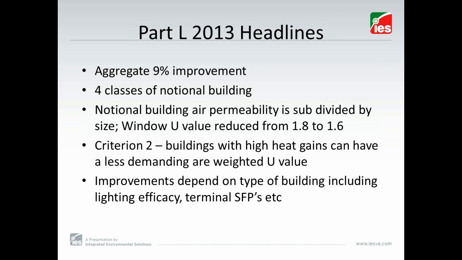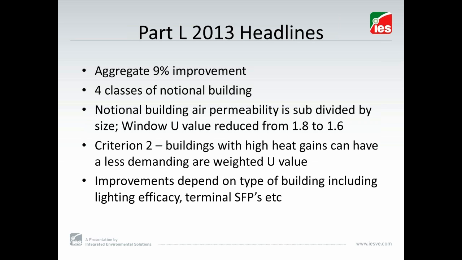So in buildings with high heat gains, the case can be made for a less demanding area weighted glazing U value, because obviously that impacts your cooling loads. No significant changes to criterion 3. And the non-domestic compliance, there are new standards for chillers, fan coil units, lighting. Again, I'll come on to that in a second.